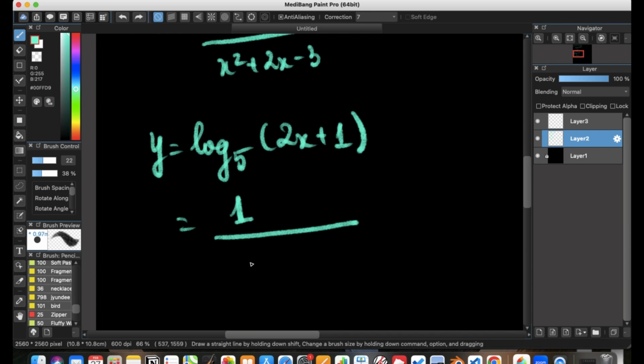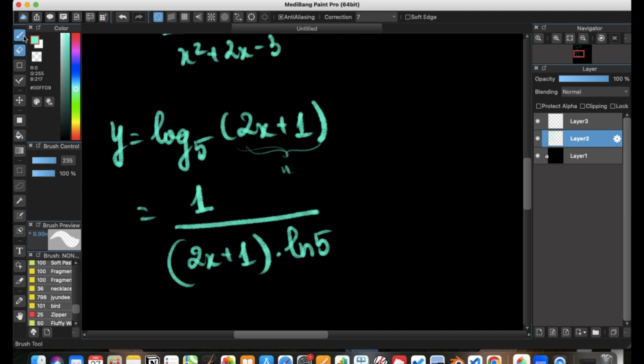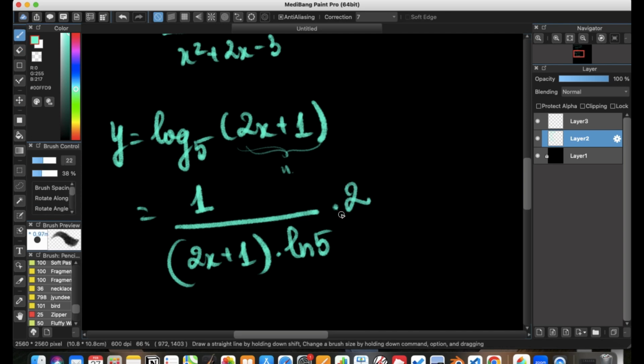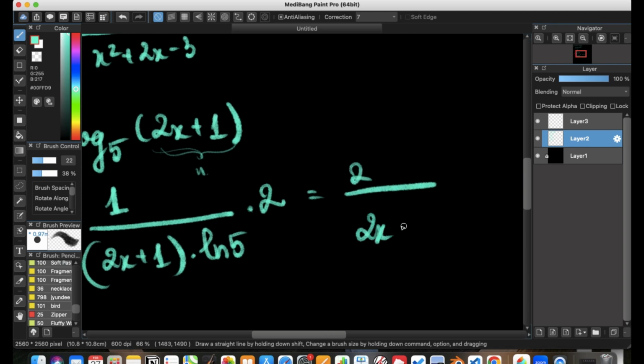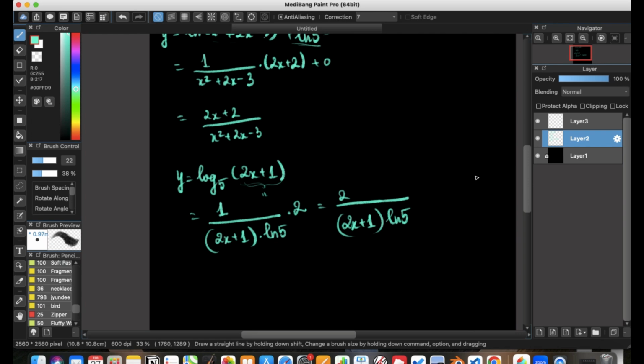We need to put 2x plus 1 here, and now we're going to need to multiply with 5, right? And now we're going to need to multiply with du over dx. This one is our u, so we multiply with du over dx. So du over dx would be 2, and that will leave us with 2 over 2x plus 1. Okay, so this is our final result.